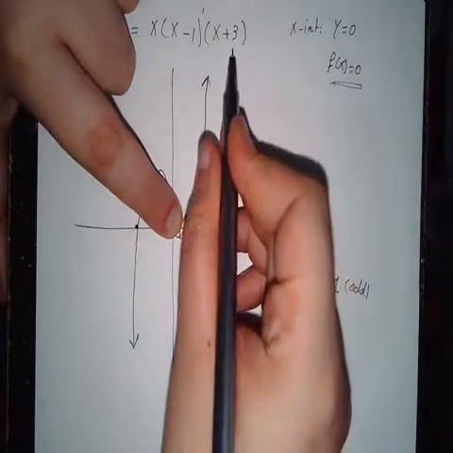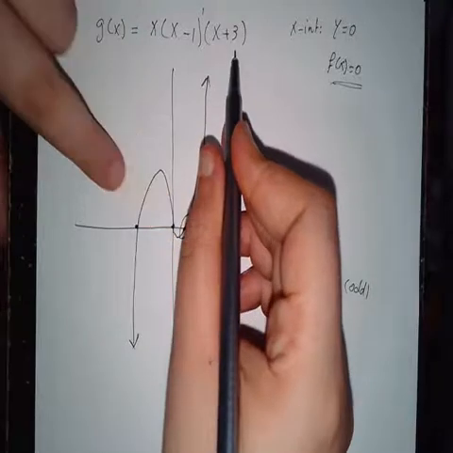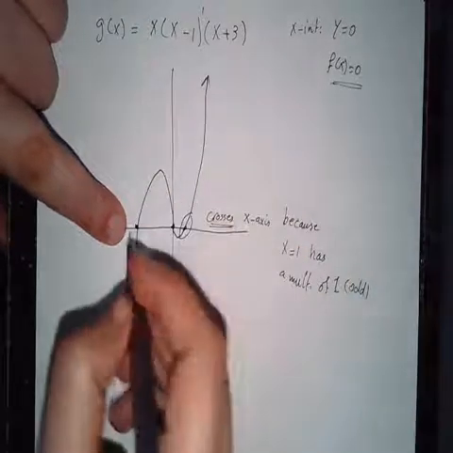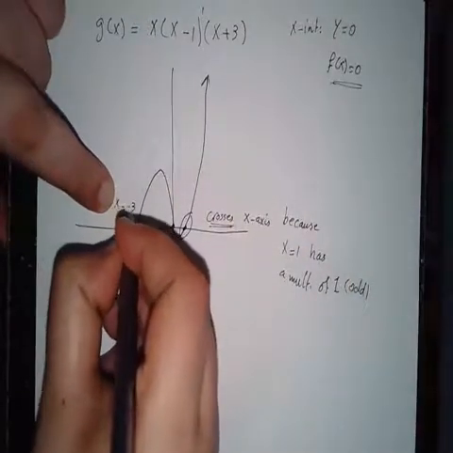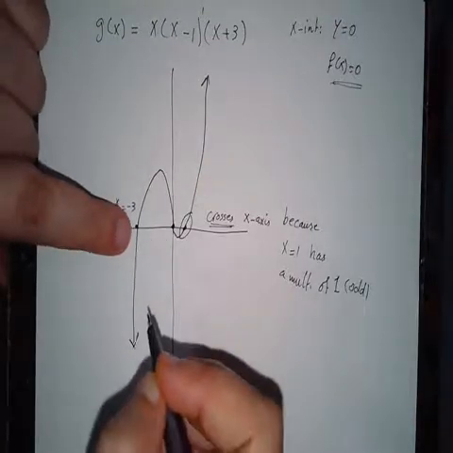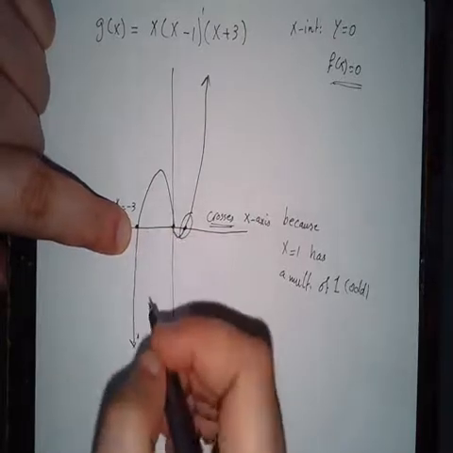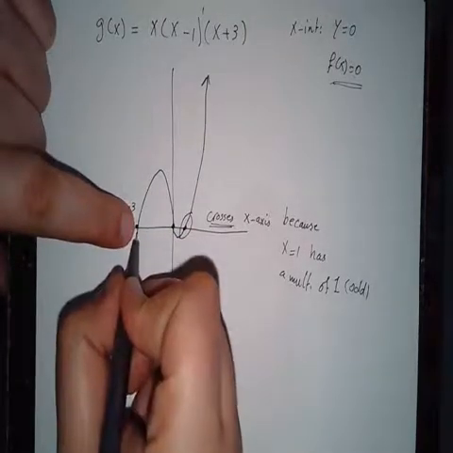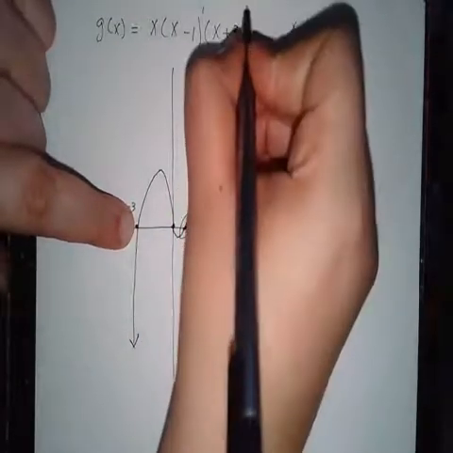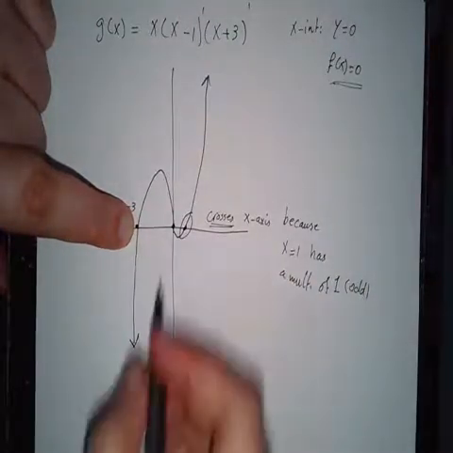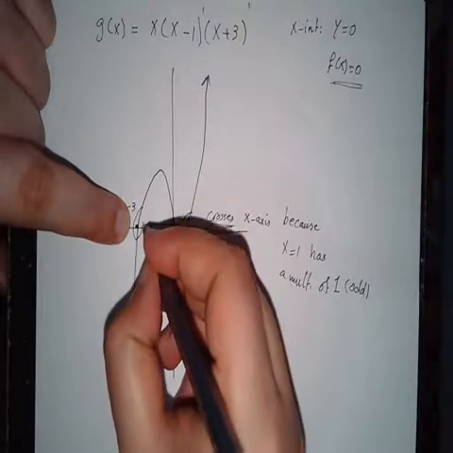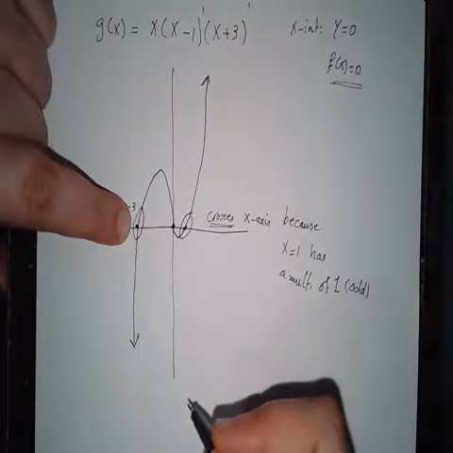So at x plus 3, which means it's x negative 3, right? This point right here. At x negative 3, or the point negative 3, 0, depending on how you want to look at it, the power is also 1, which means it's also odd, and that's why, as you can see, it touches the x-axis still.